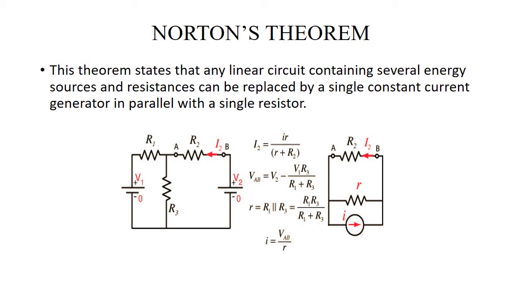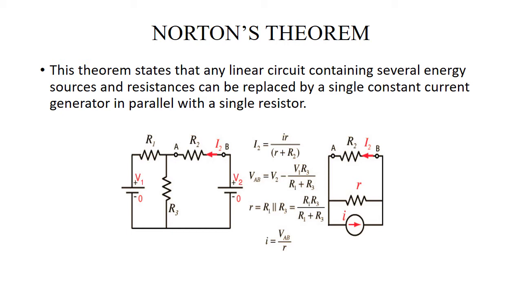Any bilateral linear active network can be reduced to a simple network consisting of Norton's resistance and Norton's current, or short circuit current, connected in parallel with the load resistance. Norton's theorem is the dual of Thevenin's theorem.